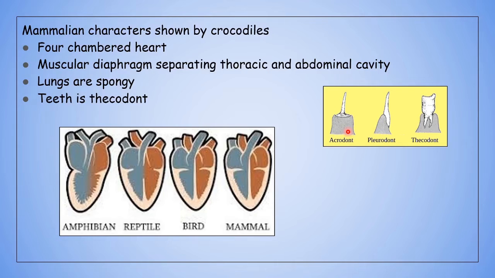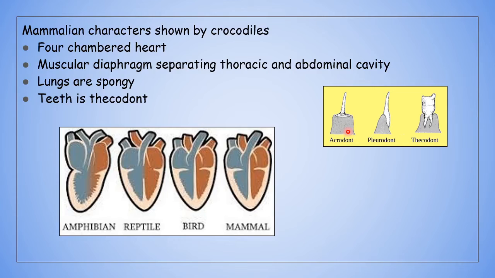After that, we discussed subclass Diapsida, which is divided into three orders. The first order, Rhynchocephalia, where we discussed the example Sphenodon, a living fossil seen only in New Zealand.